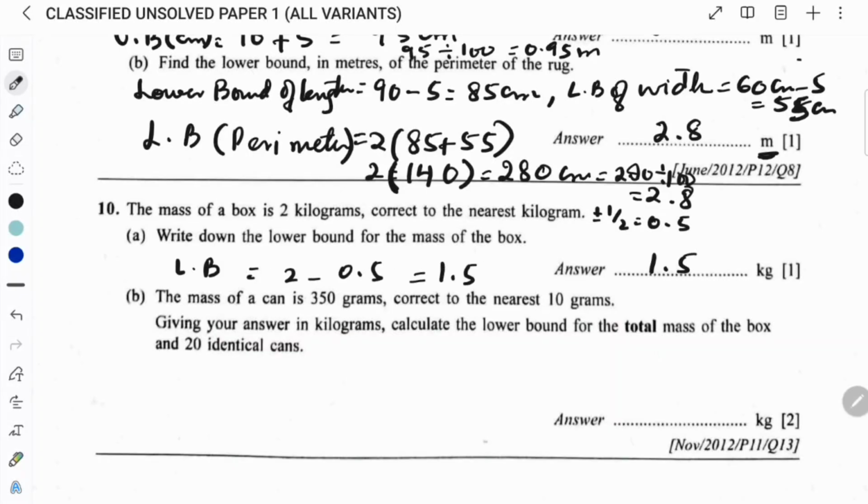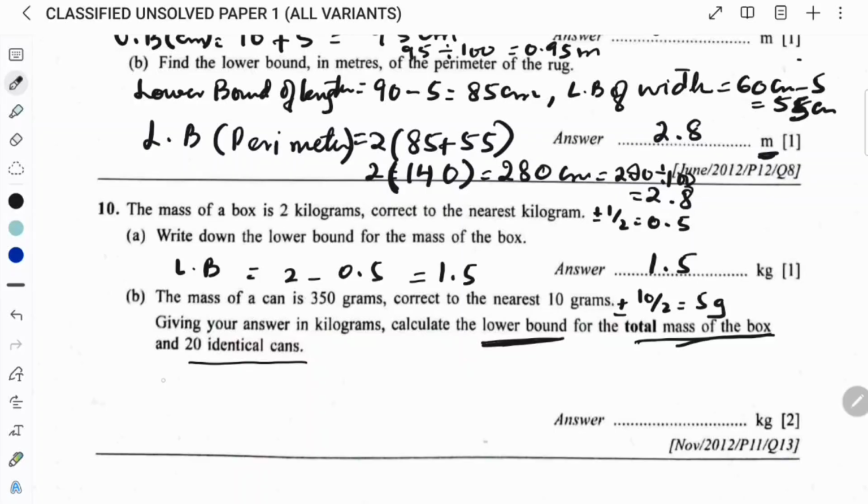The mass of a can is 350 grams, correct to the nearest 10. 10 means 10 upon 2 is 5 grams. You will add and subtract. Giving your answer in kg, calculate the lower bound of the total mass of the box and 20 identical cans. So we'll have to find the lower bound of the 20 cans.